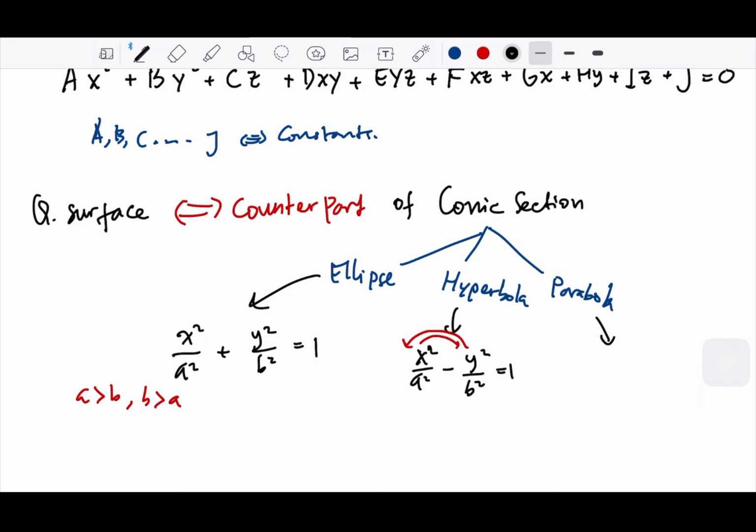And the parabola, well, the parabola on conic sections is related to its geometric sections. We can have y squared equals px and x squared equals py, right?